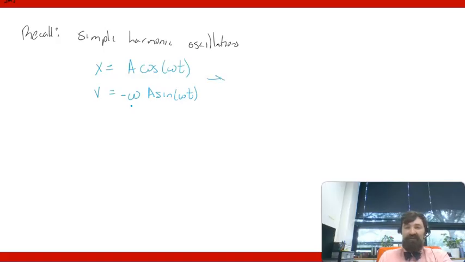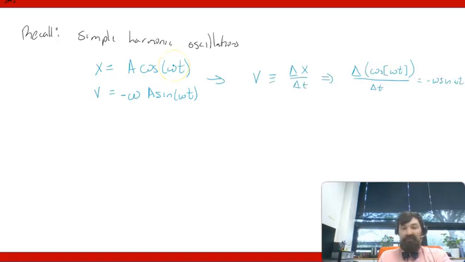And so this can be used to solve this other problem, because v is the rate change of x, and x was given by cosine omega t. You could pull a constant amplitude out front, and that ended up being A omega sine omega t. So this means that omega sine omega t is the rate change of cosine omega t.